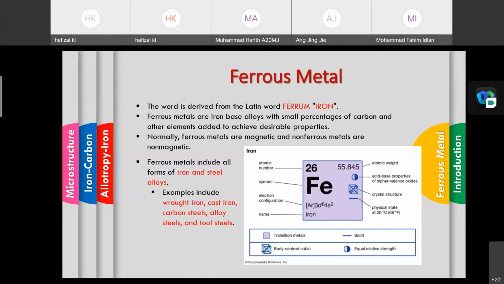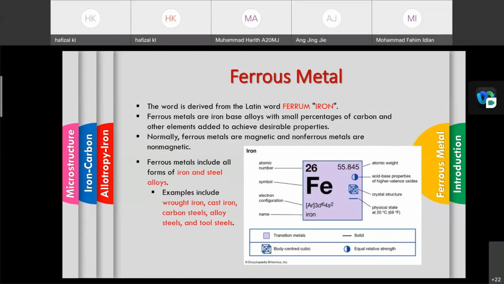When we put a small amount of carbon, it will produce a ferrous alloy, and mainly we will discuss specific terms. The ferrous alloy can be classified into two, which is steel and also cast iron.